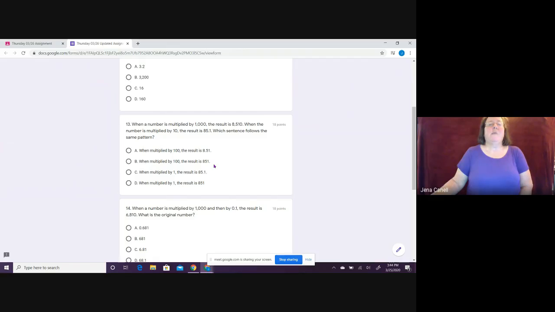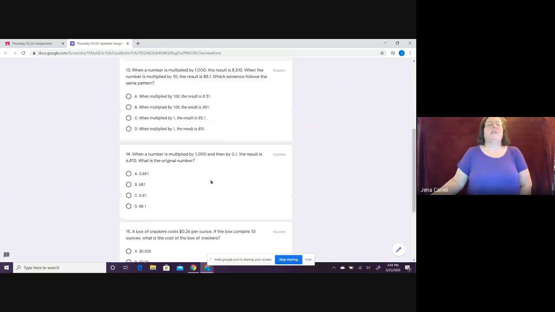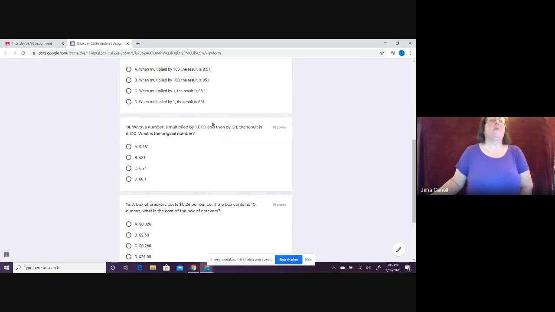B, when multiplied by 100, the result is 851? C, when multiplied by 1, the result is 85 and 1/10? Or D, when multiplied by 1, the result is 851. So you need to do the same thing. Again, you're working backwards. So you're doing the opposite of what you were doing when you're solving for the product. You're now solving for an unknown factor.